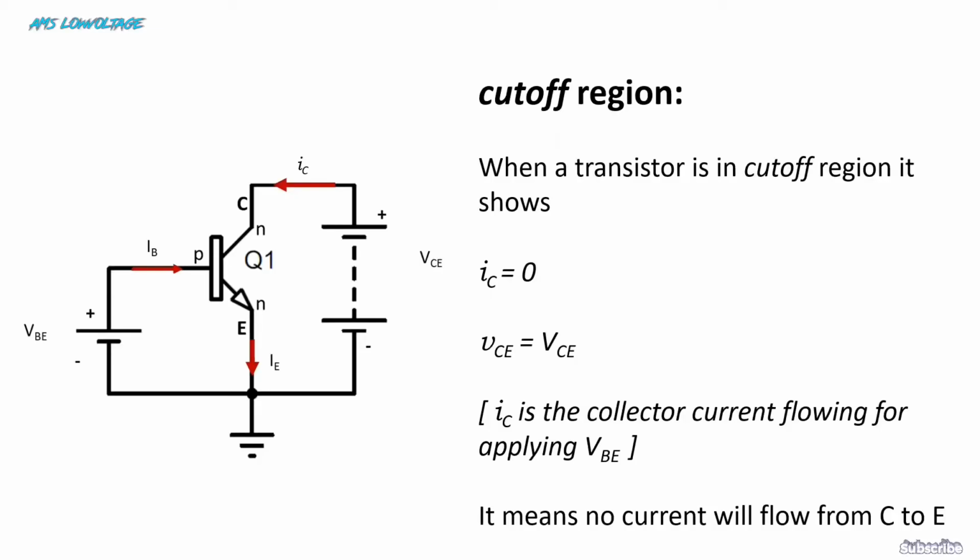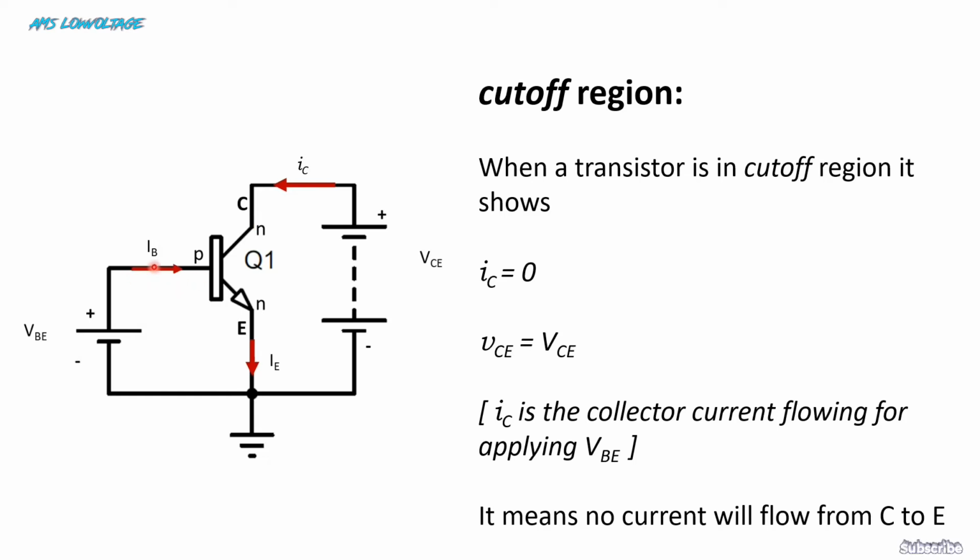Cutoff region. When a transistor is in cutoff region, it shows the collector current IC equal to 0 and the voltage between collector and emitter is equal to the supply voltage, whatever voltage was in the reverse biasing voltage. IC is the collector current flowing for applying VBE. This IC is what we mentioned as small IC.